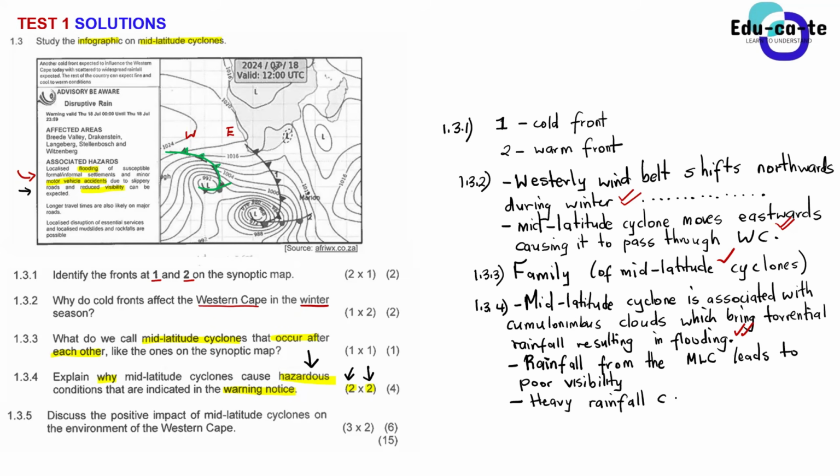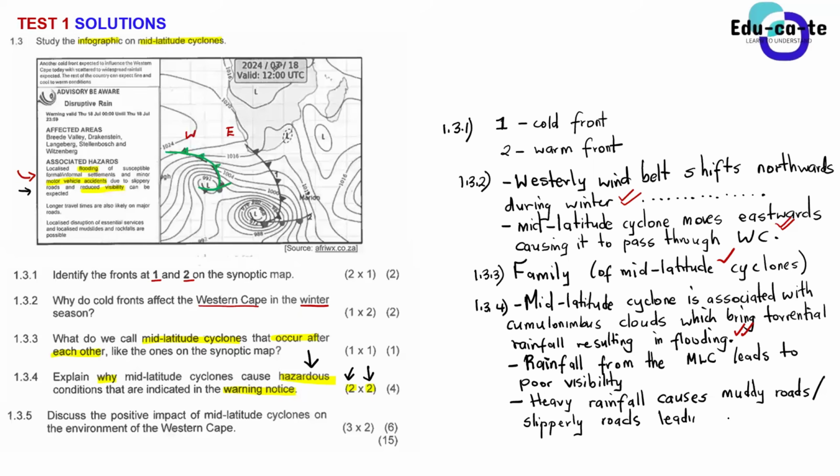Obviously, the heavy rainfall from the mid-latitude cyclone causes muddy roads, and these muddy roads, or you can say slippery roads, because they're actually slippery, lead to motor vehicle accidents.